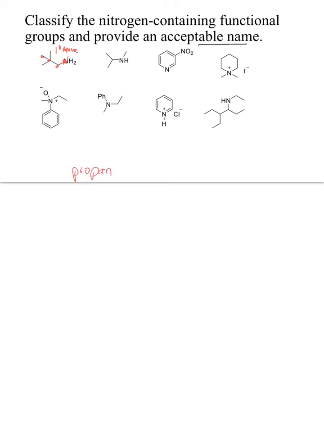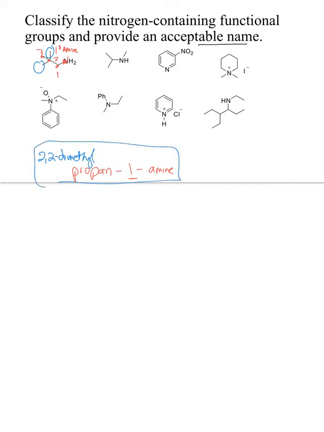You drop the E and add 1-amine, which lets you know that the amine group is on carbon number 1. Then you have your substituents: 2,2-dimethylpropane-1-amine.